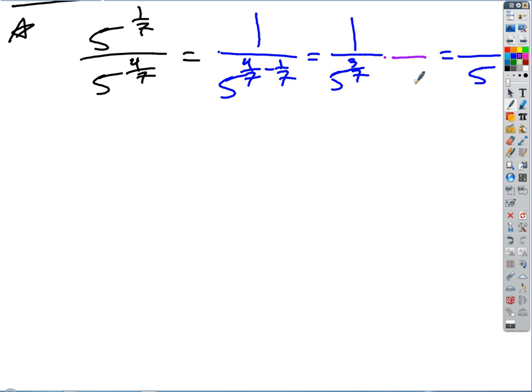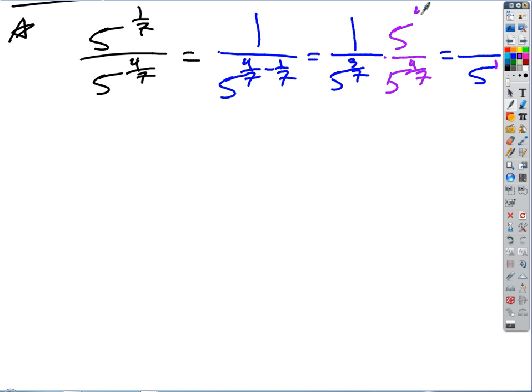Everybody agree? Why? Because I need the fractions to add to 1. 5 is really just 5 to the 1. So I've got to multiply 5 to whatever fractional power is going to give me an integer sum, right? So 5 to the 4 sevenths. Of course, I need to do the same thing on the top, though. I've got to multiply by 1.